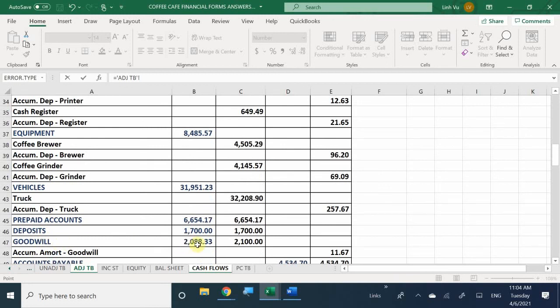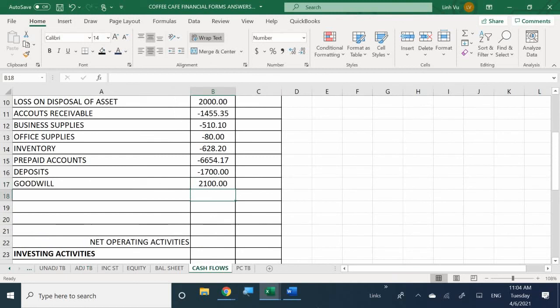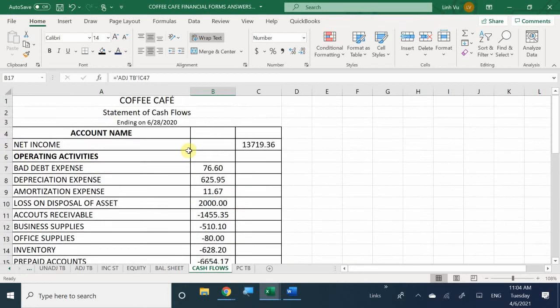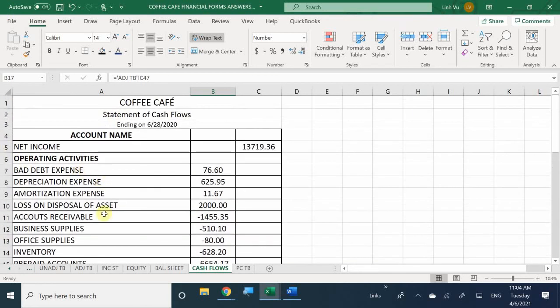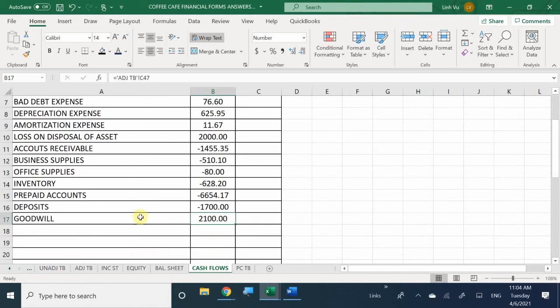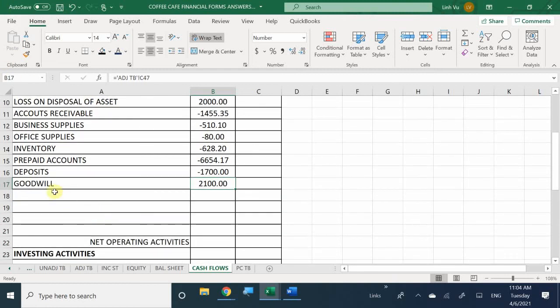So for us to count it as 2,800 is not true because it should hold at its historical cost value, right? So this right here is reflecting that I still have the whole amount and I added back my non-cash transaction. So in this case, it must be like this, at its original historical cost value. Because that's what you purchased the goodwill for, right?